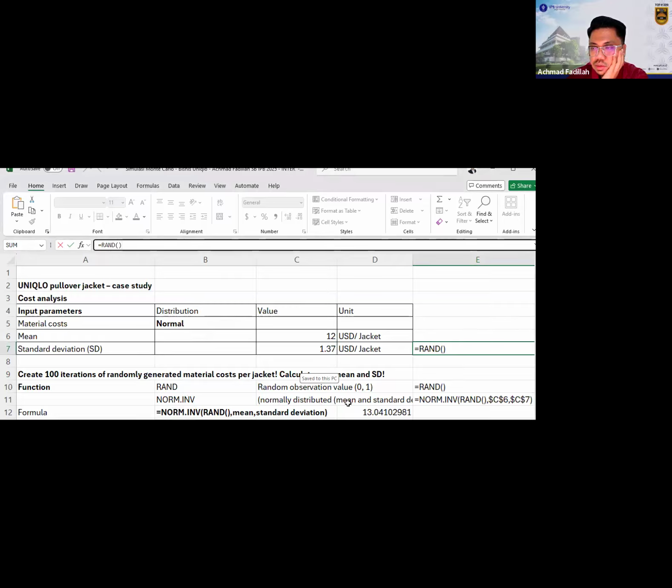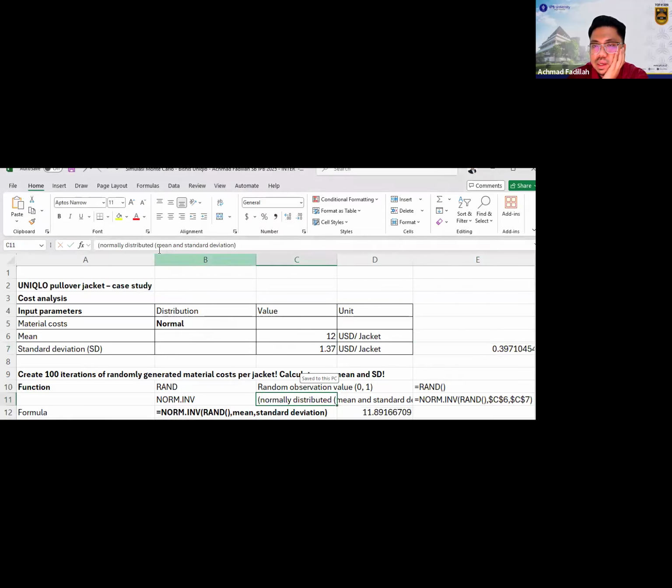This means it's normally distributed. And then you need to put the mean and the standard deviation.